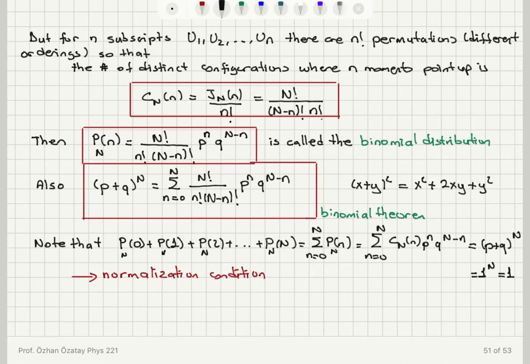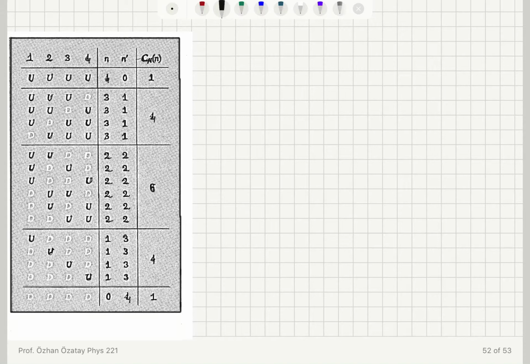Okay, so as an example, I would like to look at the N equals 4 ideal spin system. Let's look at this as an example.